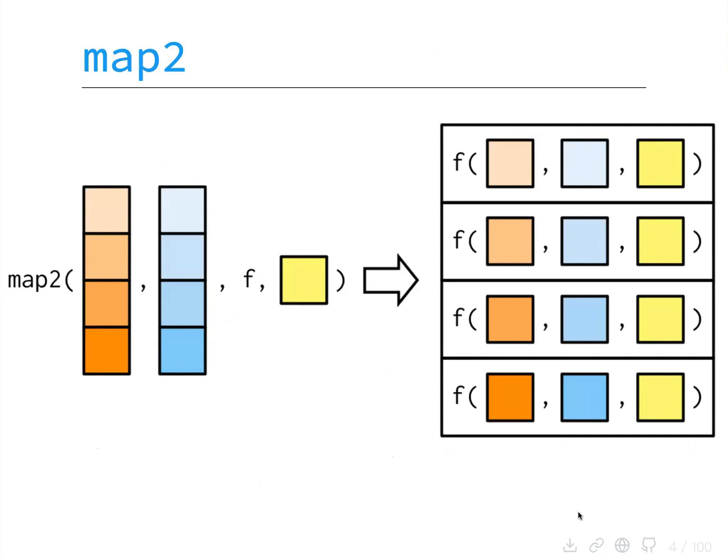Okay. So this is the same sort of schematic that I introduced for map. The difference is we now have 2 vectors that we're looping through. So this is an orange one and a blue one, right? And these would be 2 different arguments, say, to a function. And then you have f, which is the function you're applying.